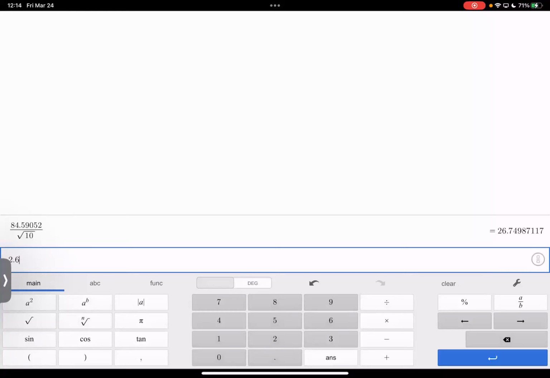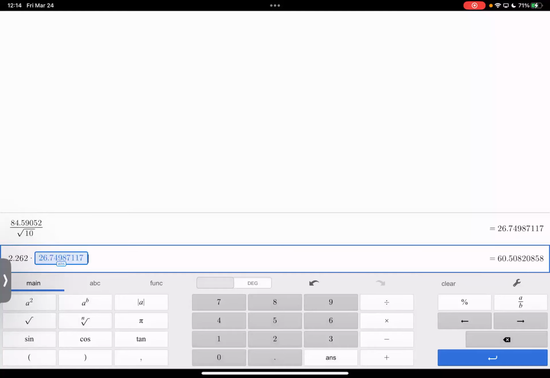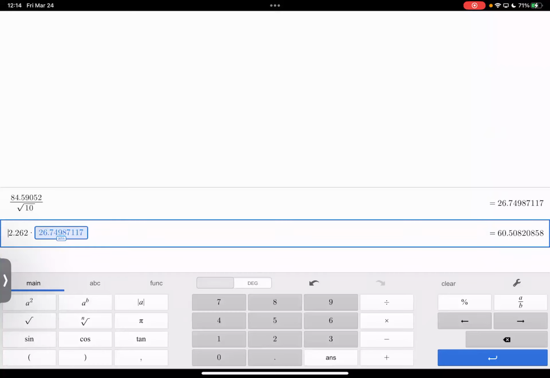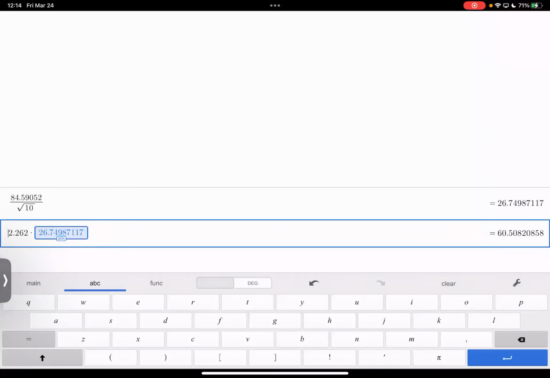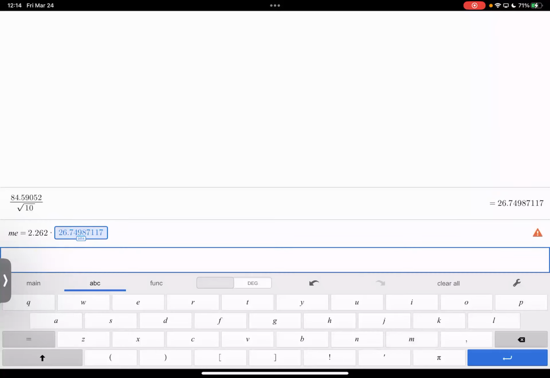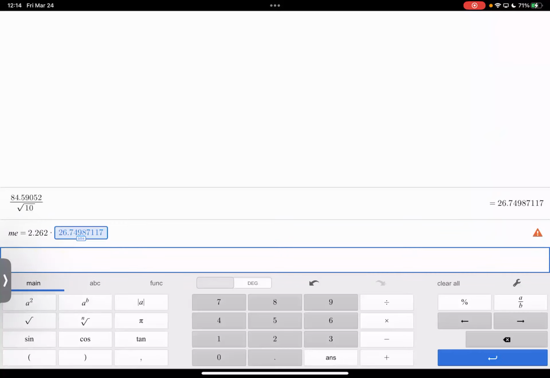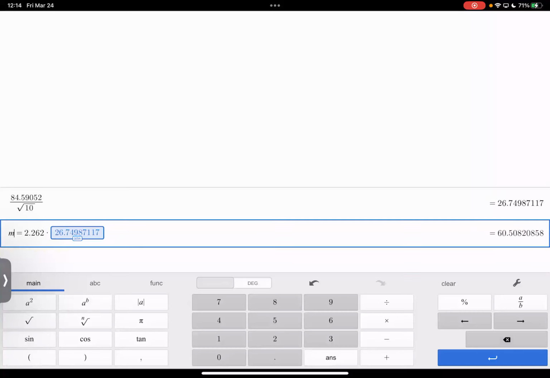Then 2.262 times that previous answer. Okay, that checks out. And then I'm just going to label this M, for the margin of error, because then I can do kind of fun things.